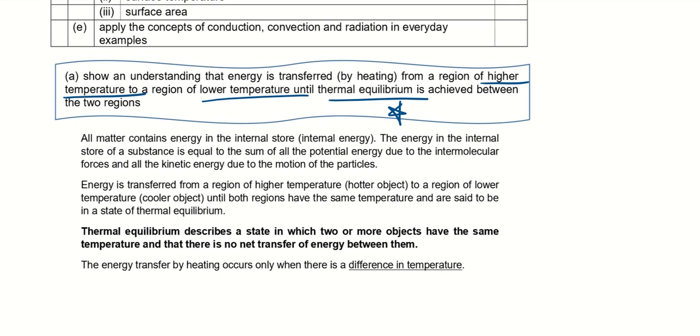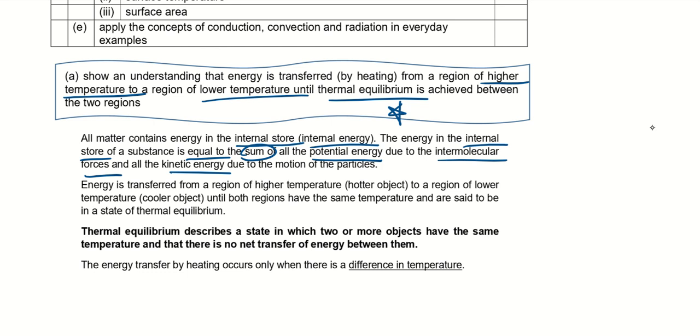Okay, so let's see. Now, all metal contains energy in the internal store. We just did this in a previous chapter, and this is also called internal energy. Now, what is important is that the energy in the internal store is equal to the sum. That means I add up all the potential energy due to the intermolecular forces and the kinetic energy due to the motion of the particles.